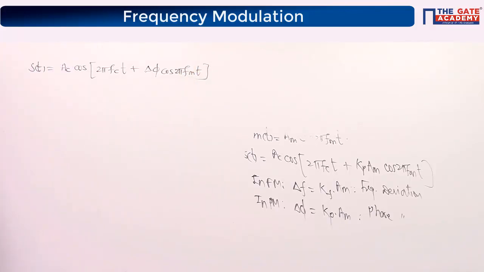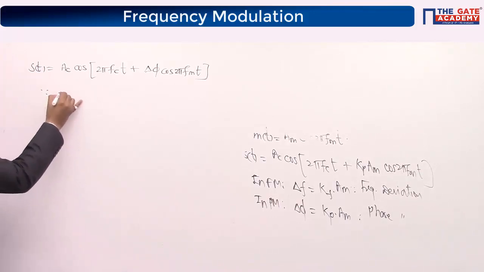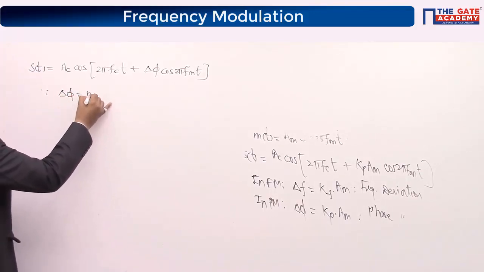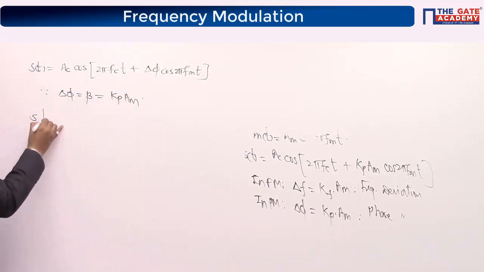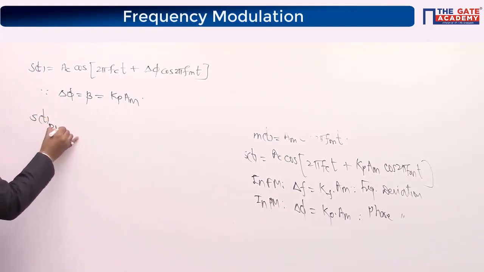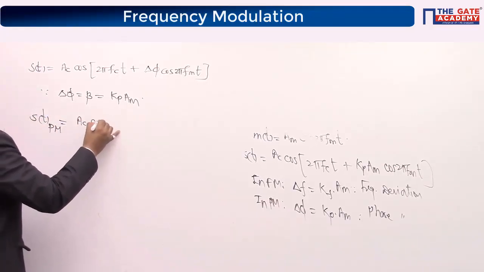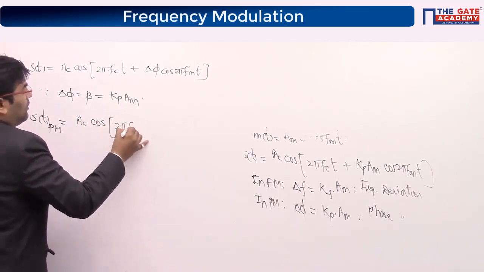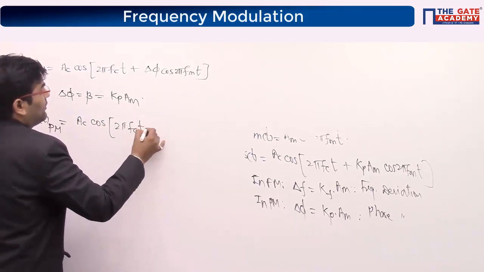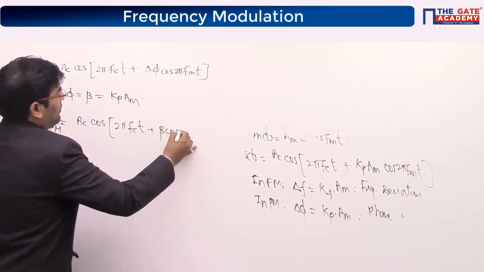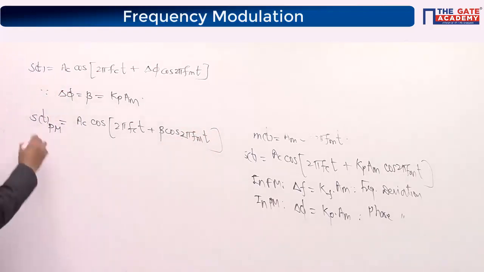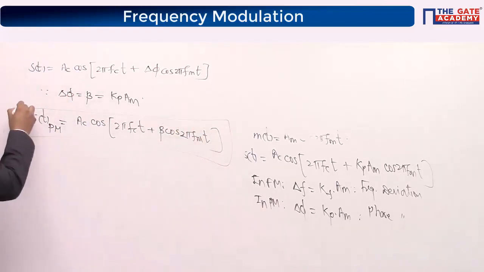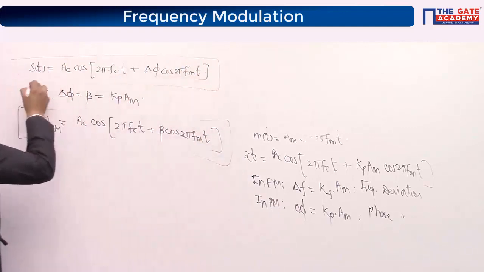Yes or no, guys? And we know that delta phi is equal to beta equal to Kp into Am, so I can rewrite s(t) in PM equal to Ac cos(2π fc t + beta cos 2π fm t). Put this into the box.